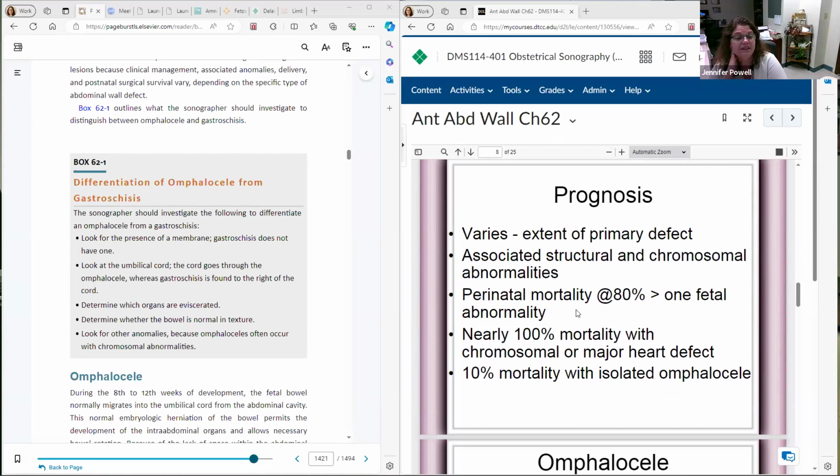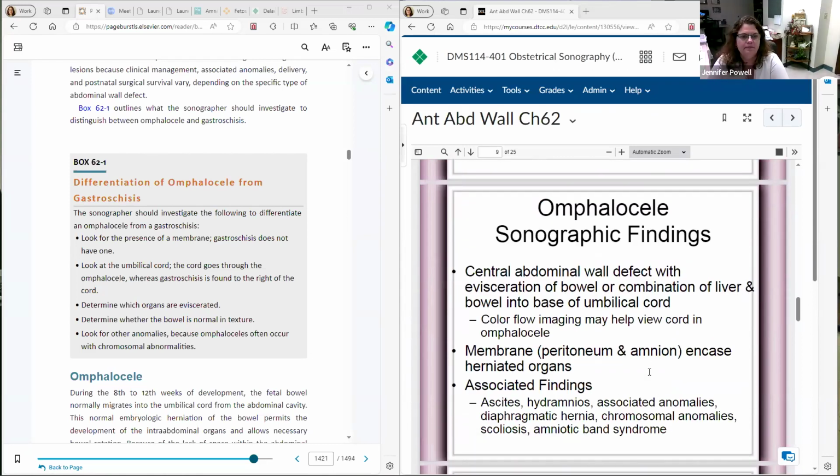Perinatal mortality is 80% or more if there's one fetal abnormality, nearly 100% with chromosomal or major heart defect, and 10% if it's an isolated omphalocele.